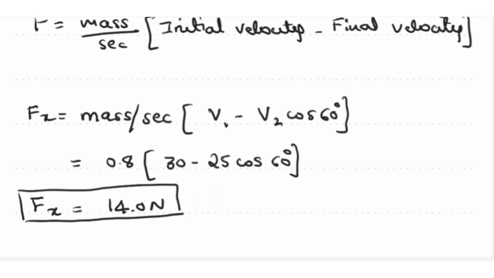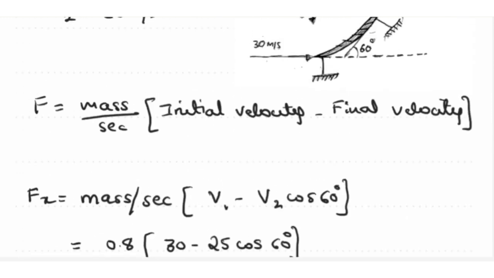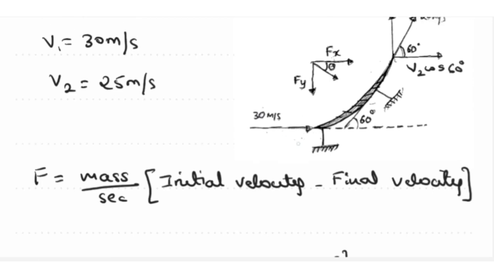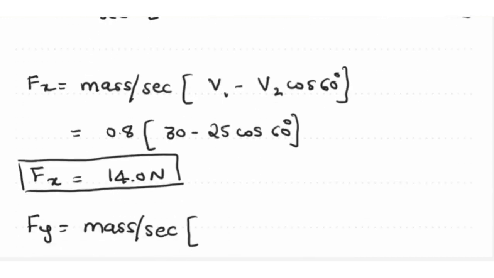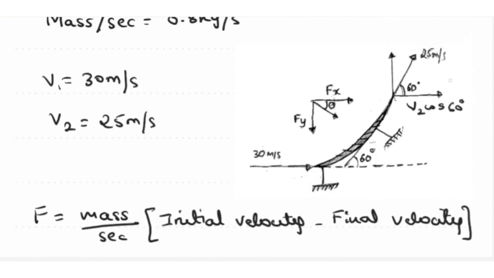Similarly, we have to get the value for Fy. So Fy is mass per second. There is no initial velocity in the y direction before striking the plate, so that is minus 0 minus, and we can resolve this component into the sine value also.